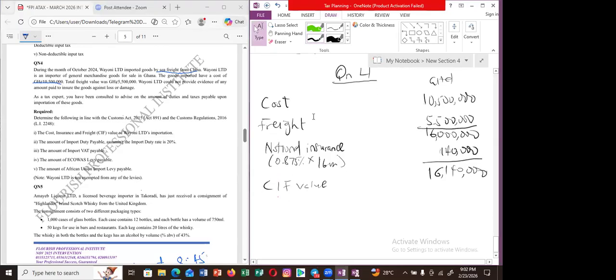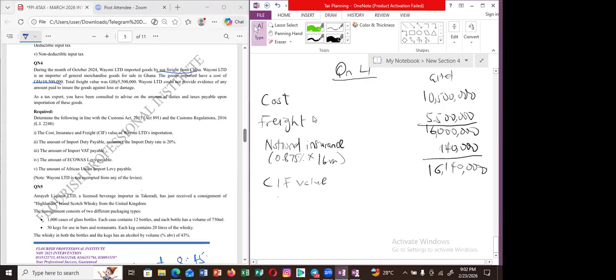So we've done I. Now II, import duty. Remember, import duty is computed on the CIF value, right? So the import duty payable, assuming the import duty rate is 20%. So please, what is 20% of this? This is as straightforward as can be. 3,228,000.